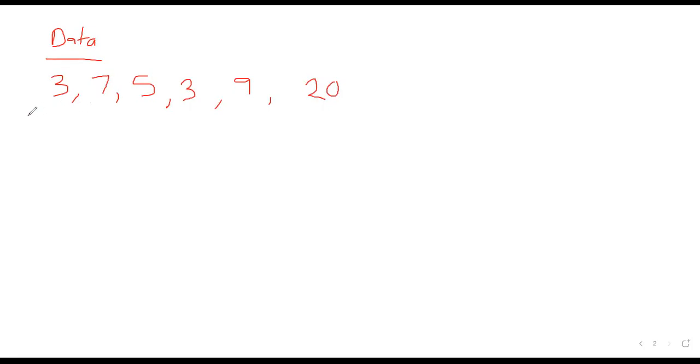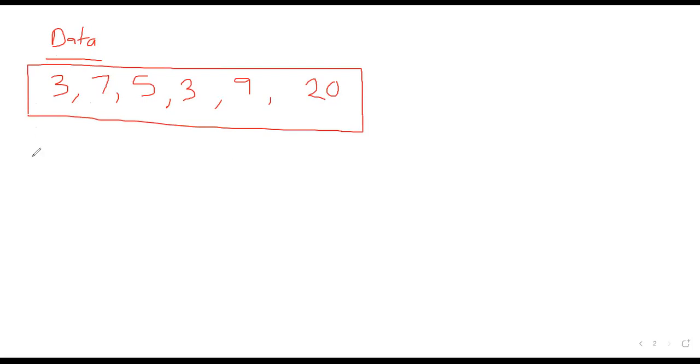So the first thing you need to do when you're given such a piece of data is to rearrange it. So the smallest here is what? 3. We have another 3. Then we go to 5. Then 7. Then 9. And then 20. So we have 1, 2, 3, 4, 5, and 6 pieces of data. In these 6 pieces of data, we're going to identify the measures of central tendency and the measures of dispersion.